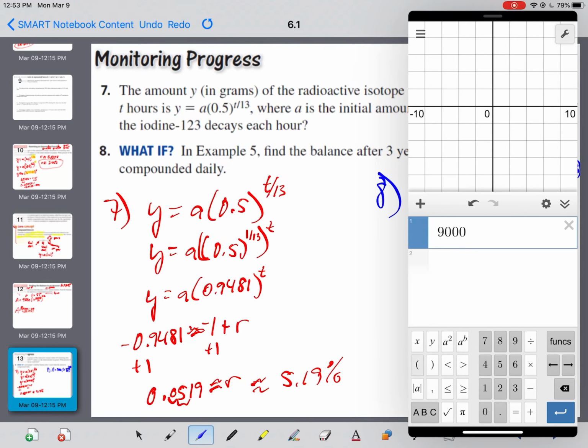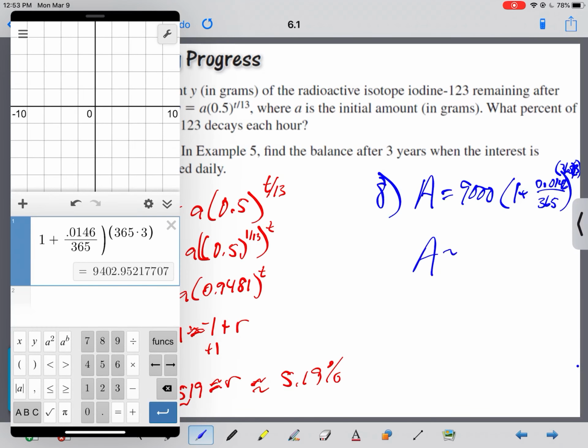So let's plug that in. 9,000 times 1 plus 0.0146 divided by 365, to the 365 times 3. So we get about $9,402.95.